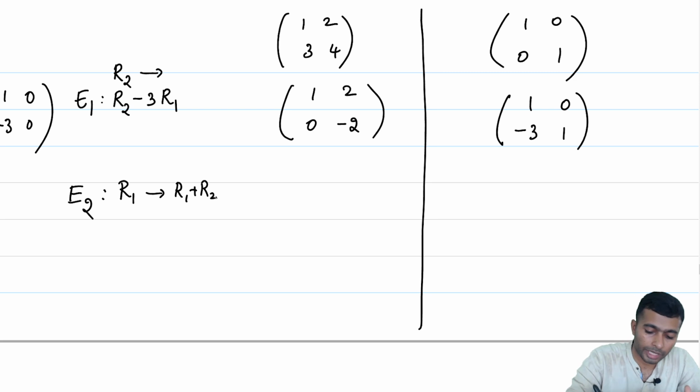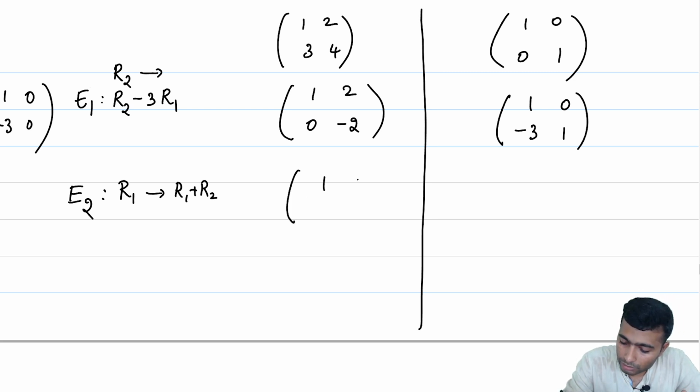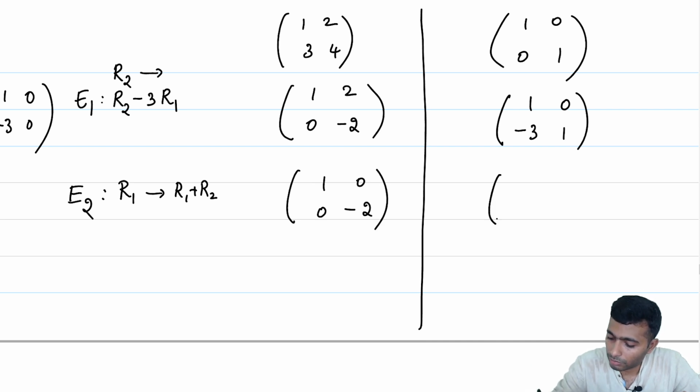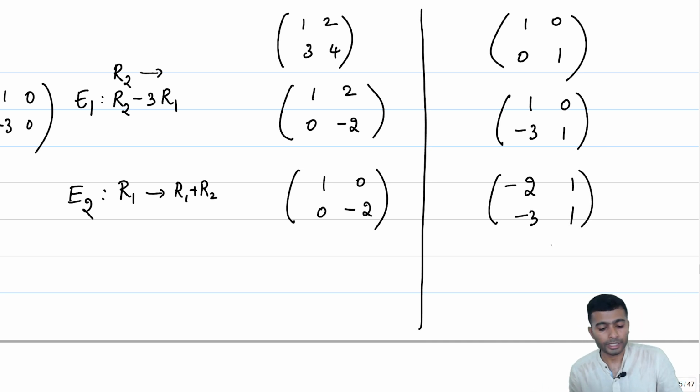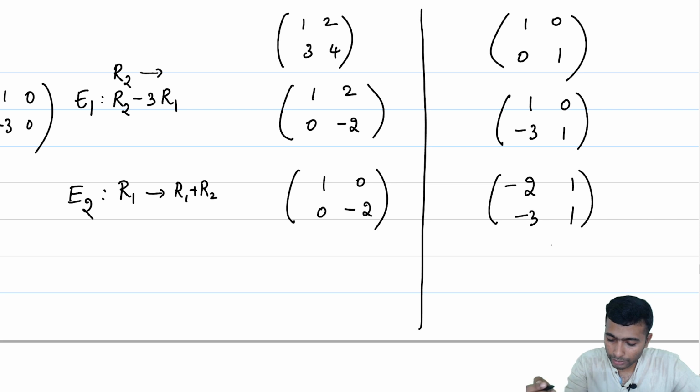This is a type 3 row operation. We will get 1 0 0 minus 2 here, and if we add above, this will be minus 2 1 minus 3 1, right. So, I am not going to write what E2 is. The matrix you should calculate yourself. I have however captured what E2 times E1 is on the right.